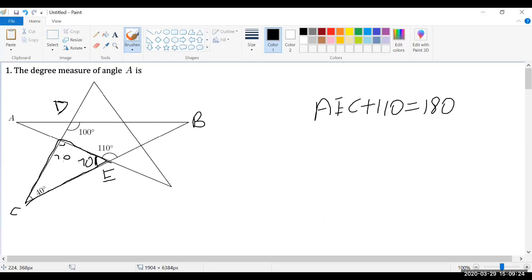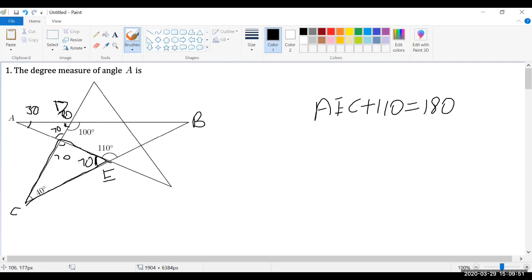And then since these are intersecting lines, then this other angle has to be 70. And again, with the same reasoning, we can find this angle ADC by doing 180 minus 100. So that's 80. And finally, angle A is 180 minus 80 minus 70, so that's 30.